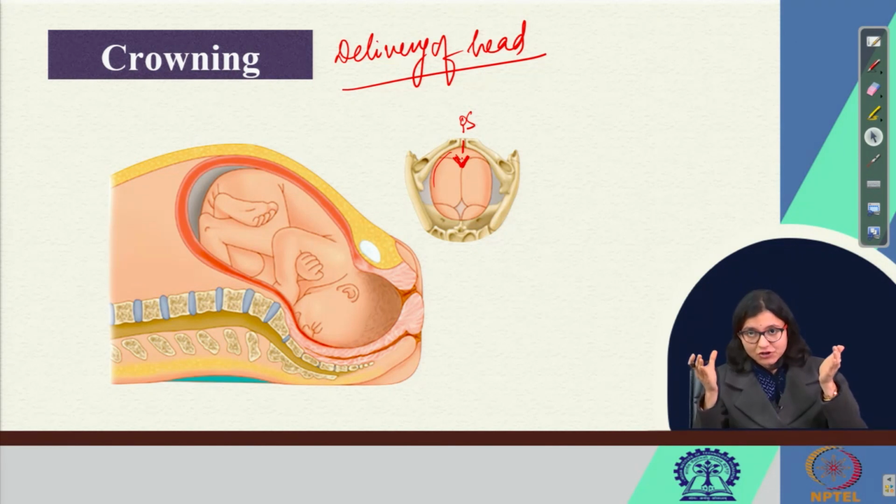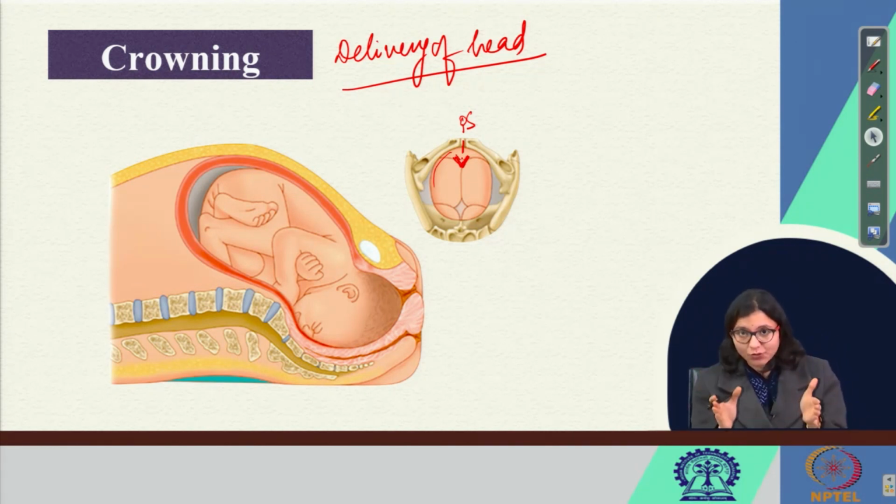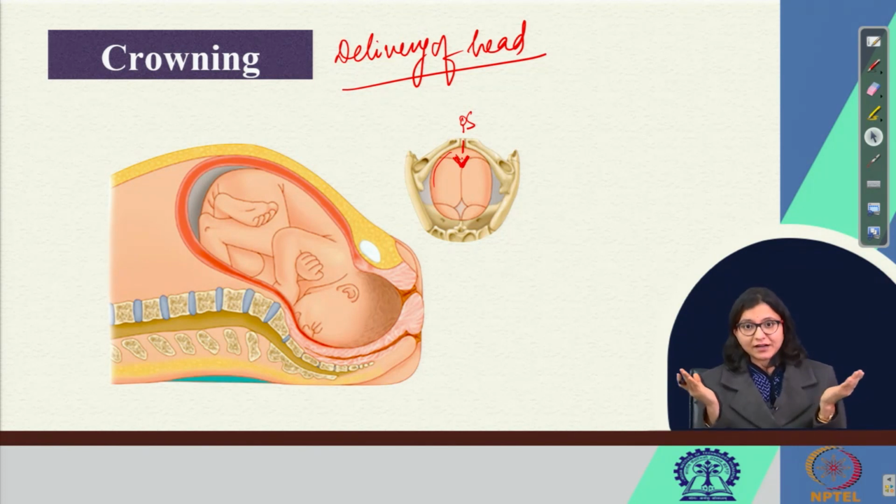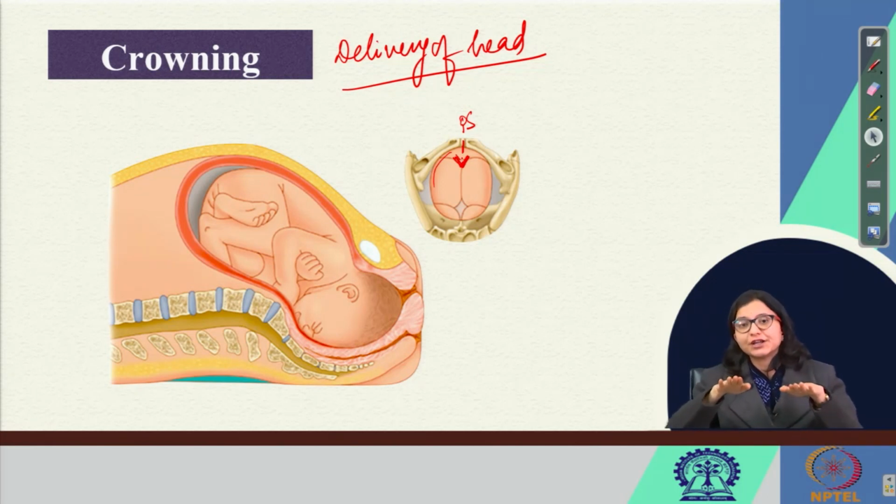The uterus is contracting and pushing the fetus down, and the perineal muscles and the vaginal soft tissue all give a resistance, which is an upward pressure as well as a forward pressure. This upward pressure negates the downward pressure of the fetal descent due to the uterine contraction. So, the downward and upward pressure will neutralize, and the forward pressure will lead to the delivery of the head.